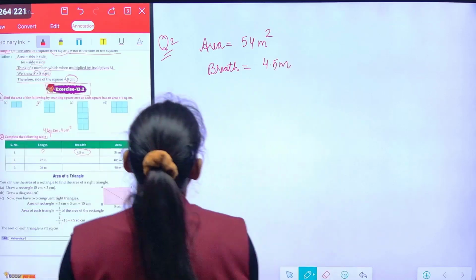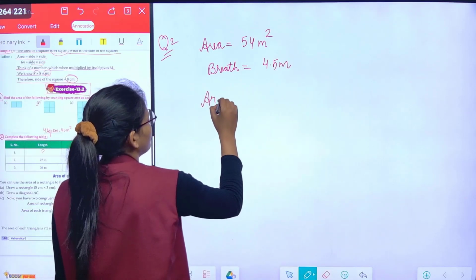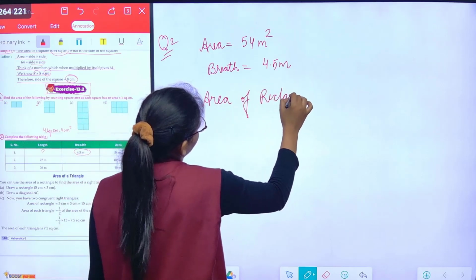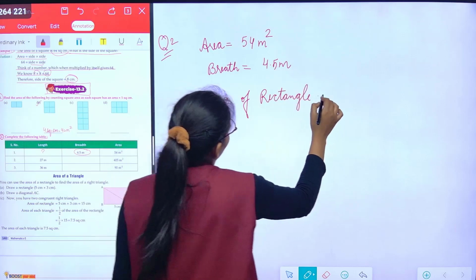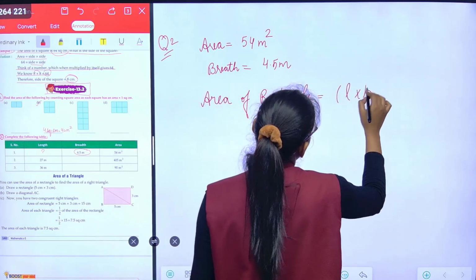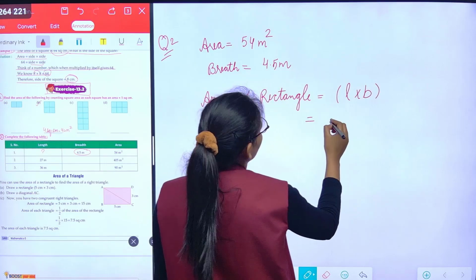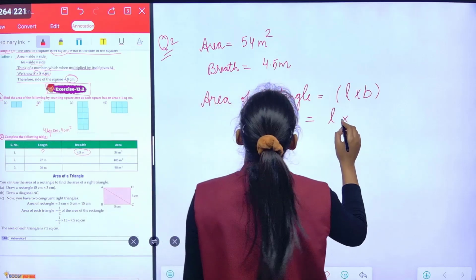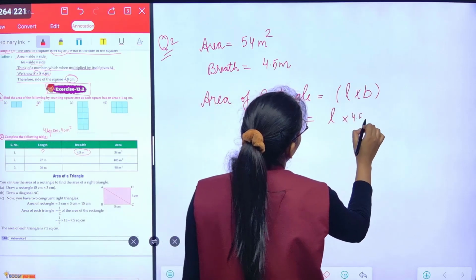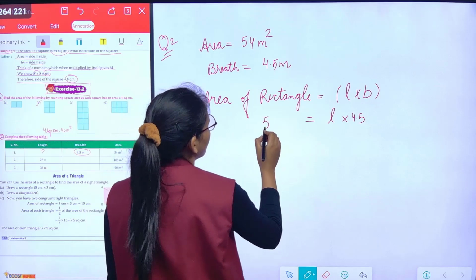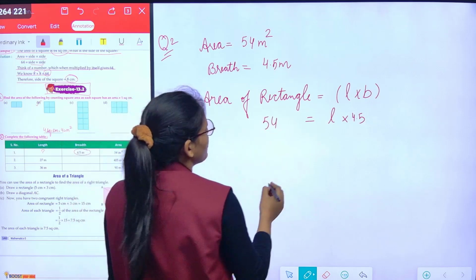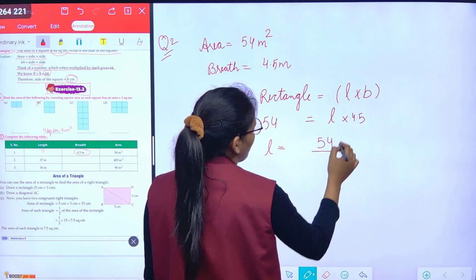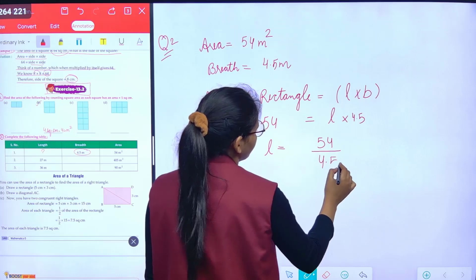Now class, yes class, area of a rectangle is equal to length multiply breadth. Class, see, length we don't know, so we will put L, and breadth is 4.5. Understand? And area 54 meter square. So class, length is equal to 54 upon 4.5.